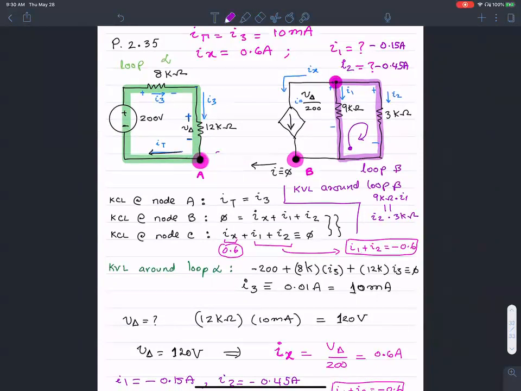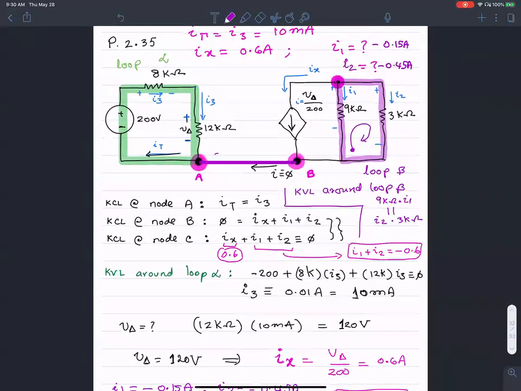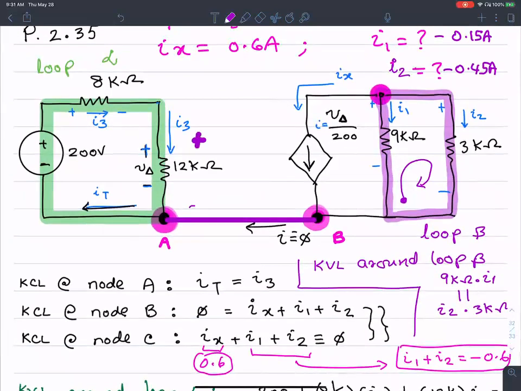The dependent current source being connected to V delta. Correct. That's exactly right. The dependent current source looks at the voltage V delta here, and based off of that, its current value is changing. So that's the real hidden connection.